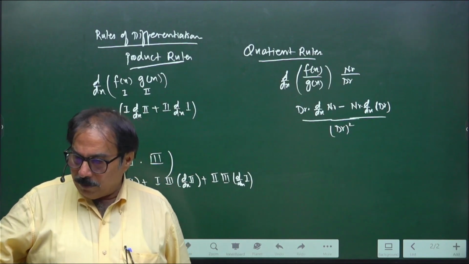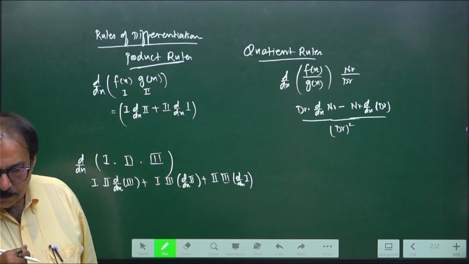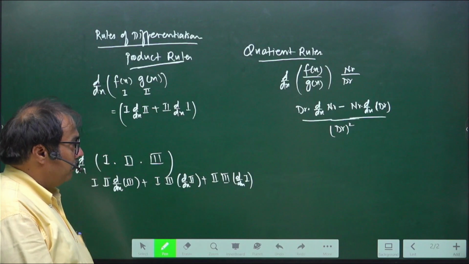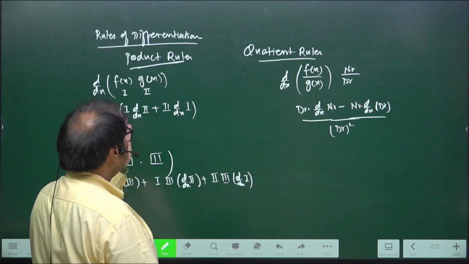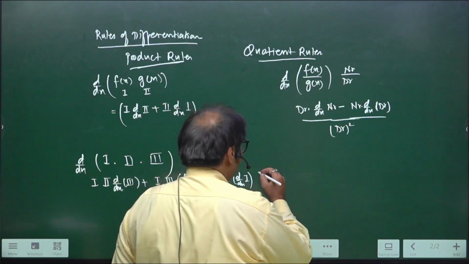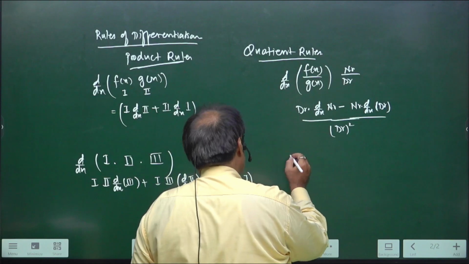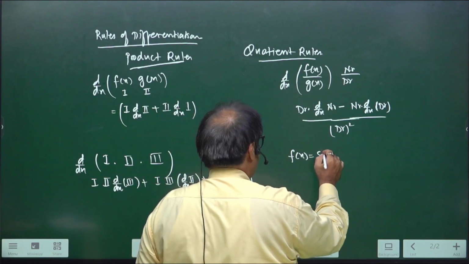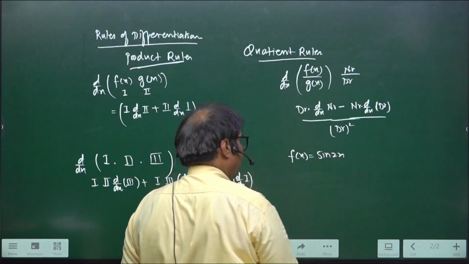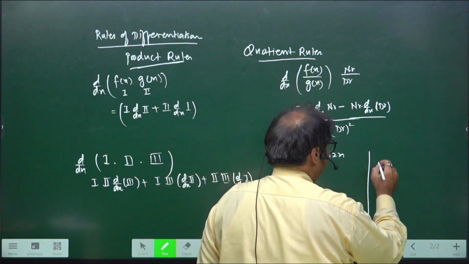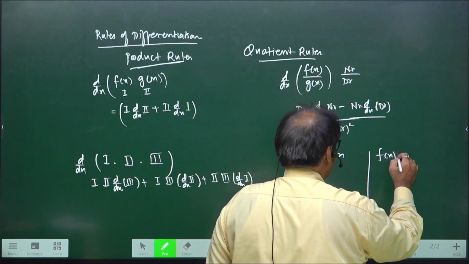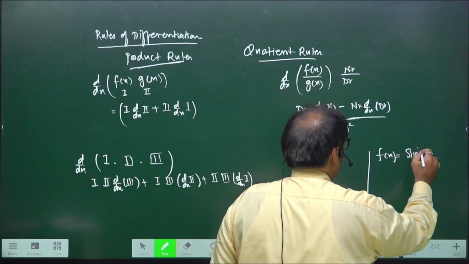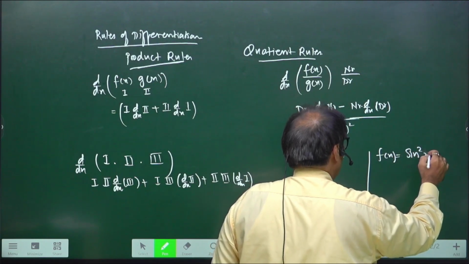Now on the basis of this, suppose the question is f(x) equals sine 2x, and another is f(x) equals sine square 2x.